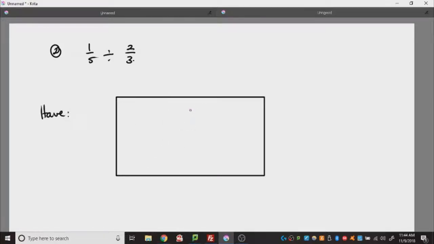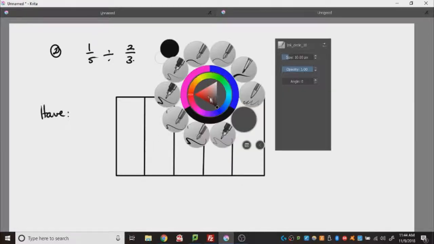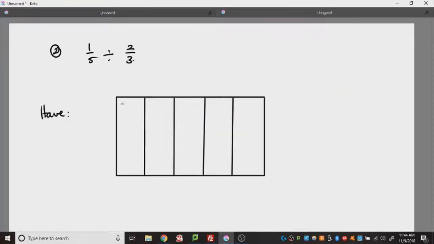That's not equal at all. Over here maybe. 5 equal vertical slices. Try and make them close to the same size. And then let's go pink. Pink is what I have. I don't have a lot. Not a lot of bread for me. That's all I have.